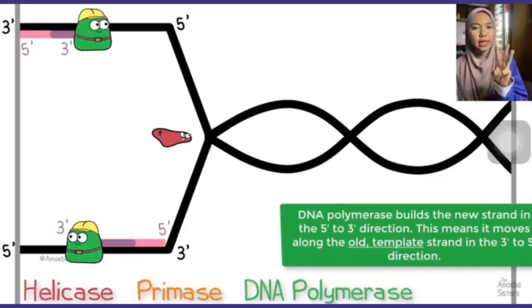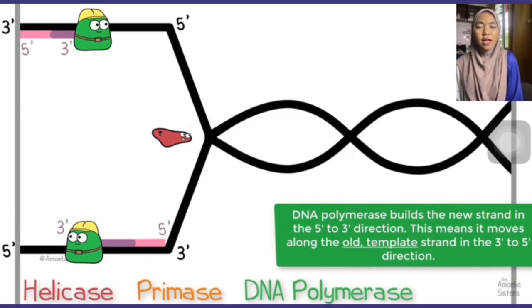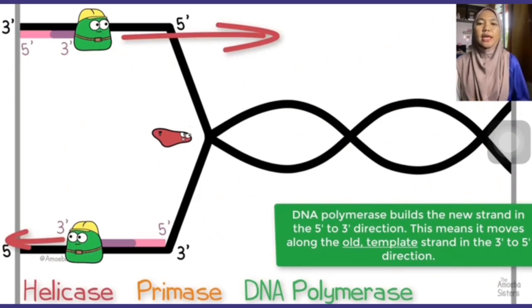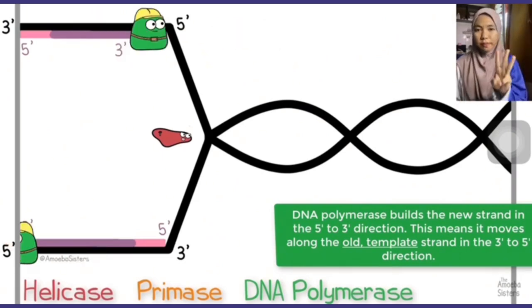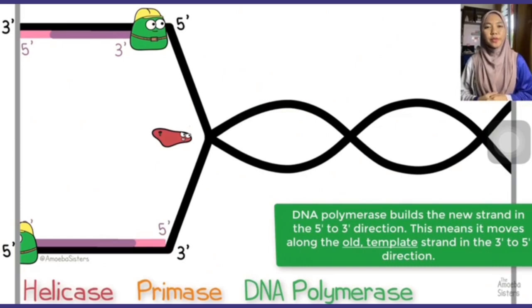DNA polymerase III is building the new strands. Now, the thing about DNA polymerase III is when it's building a new strand, it can only build the new strand in the 5' to 3' direction, meaning it adds the new bases to the 3' ends on the new strand. See how it's being built in the 5' to 3' direction.